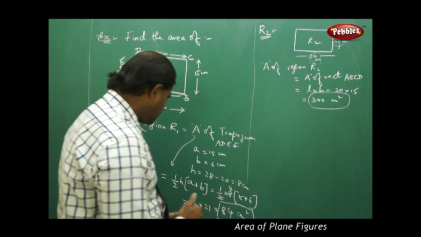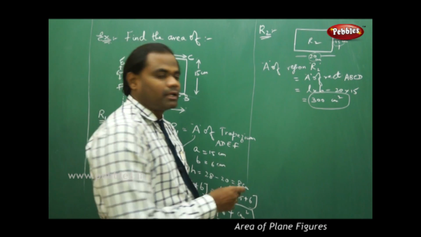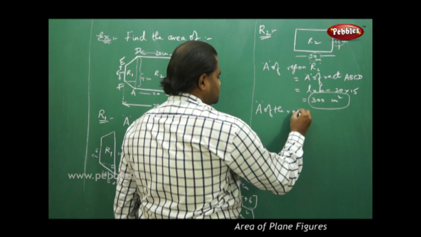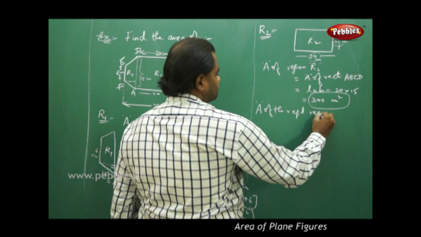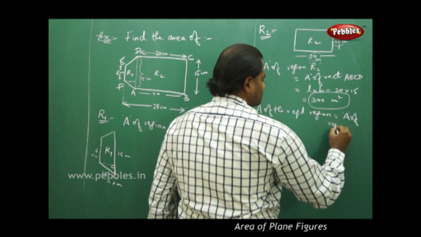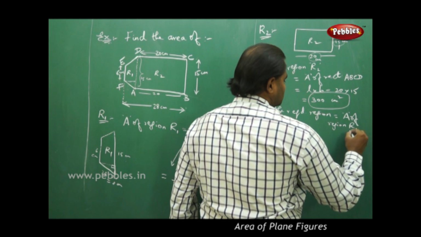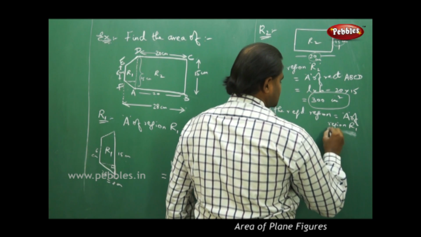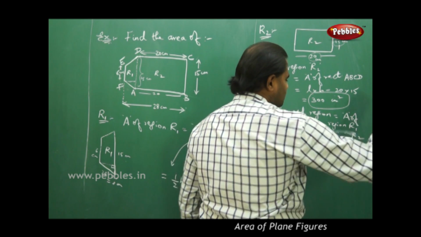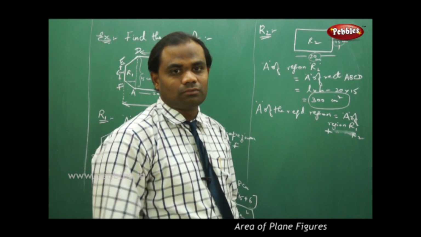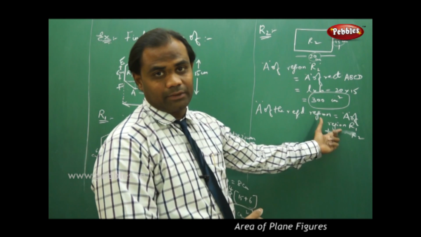Therefore, once I get the areas of regions R1 and R2, my next step is that the area of the required region is the area of region R1 plus the area of region R2. Adding up the areas of R1 and R2 gives me the area of the entire region which is required.